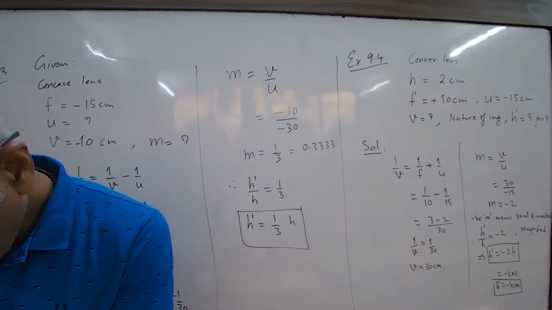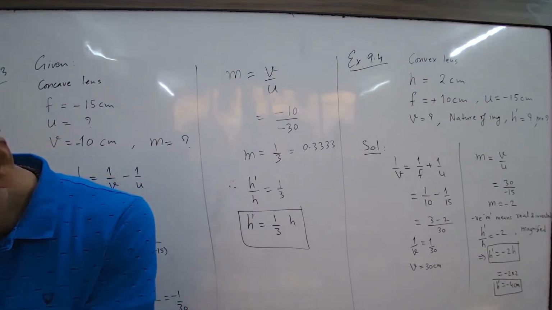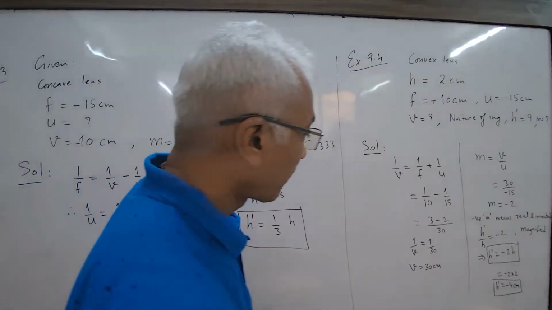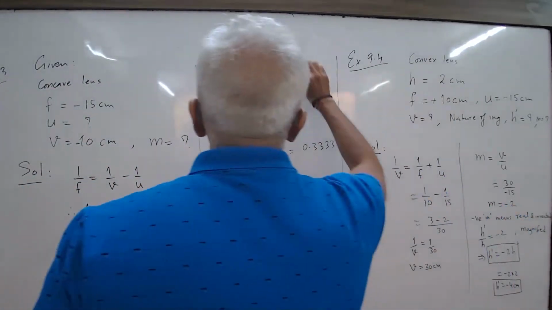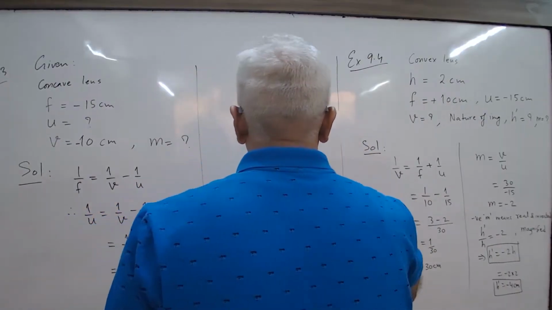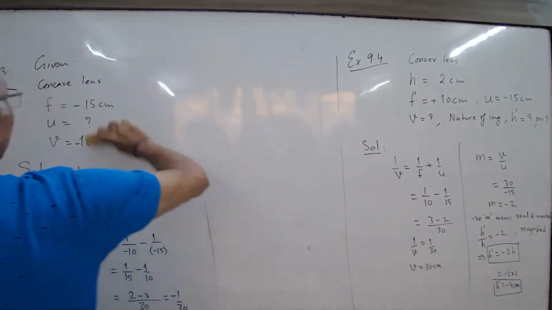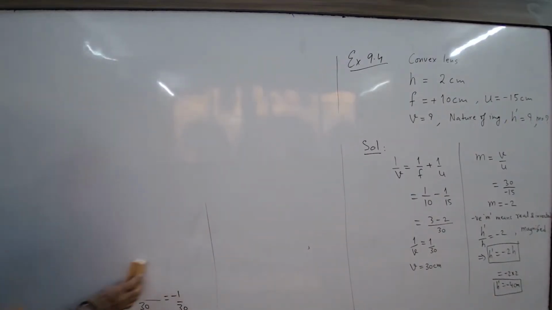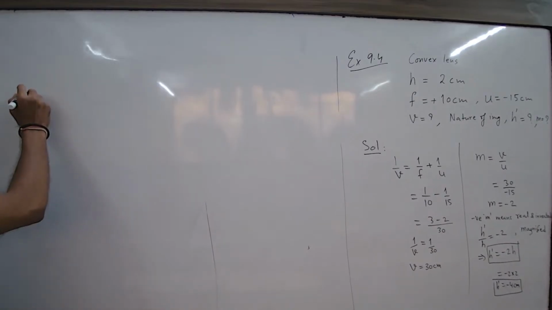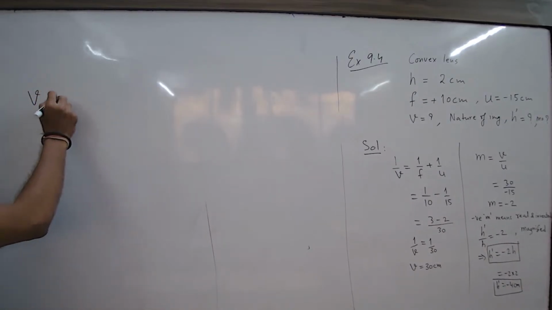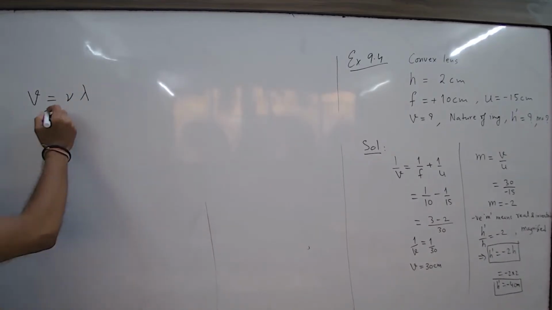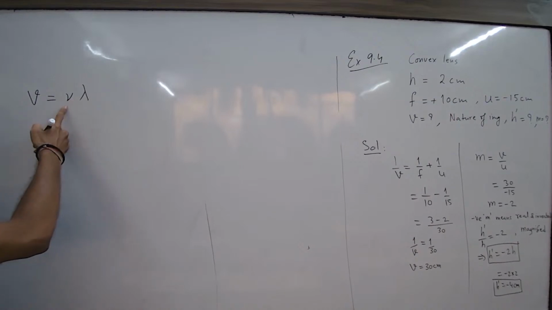Question 7. How do the frequency and wavelength change when the light passes from an optically rarer to an optically denser medium? So V is equal to nu lambda, right? You know this formula. So what is nu? Frequency.